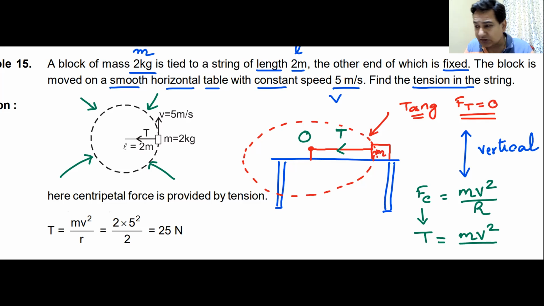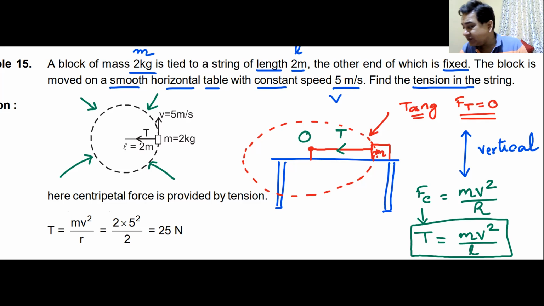The radius of this circle is nothing but the length of the string. So the centripetal equation becomes T is equal to mv square by L. And that is the answer. That is what they were asking in the first place. How much is the tension in the string? And the answer is simply mv square by L.